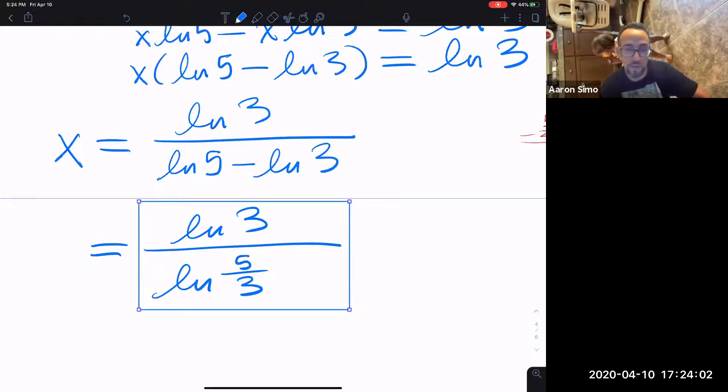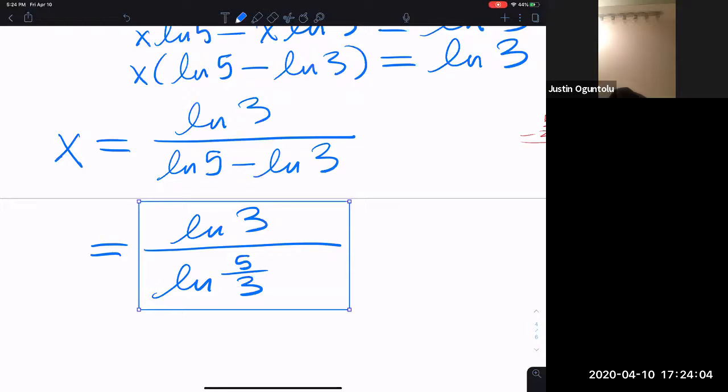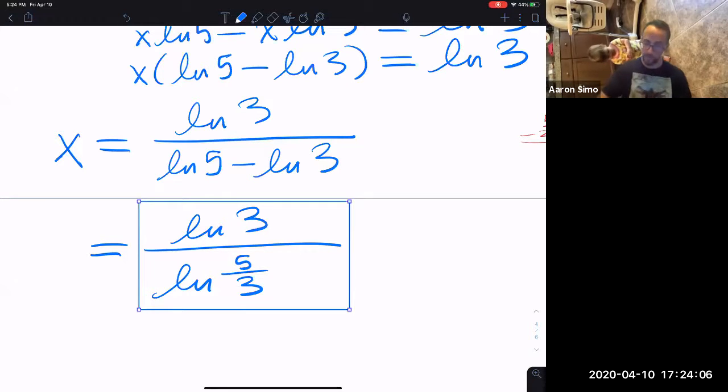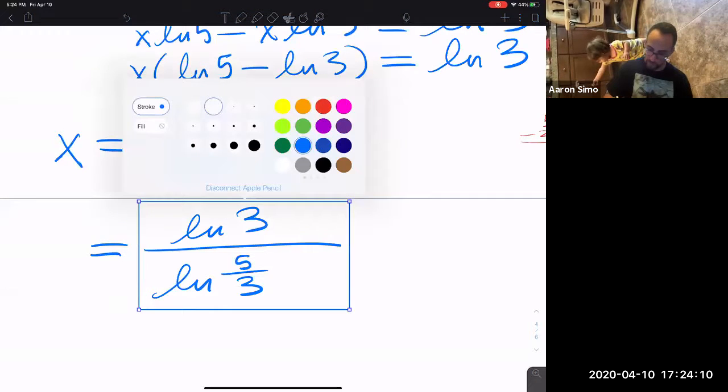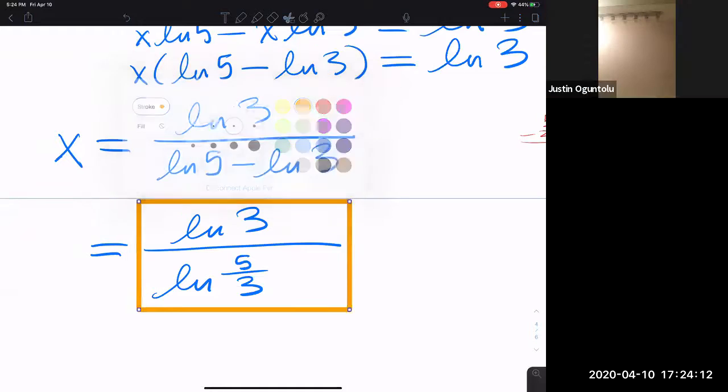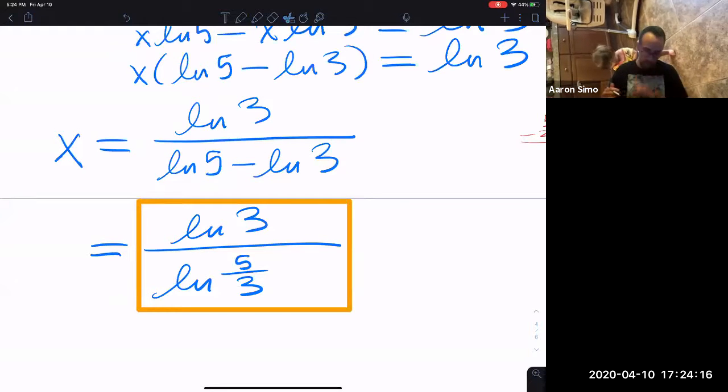That's a property you should be familiar with, because you want to understand the properties. You could write it like that, or just the way it was above.